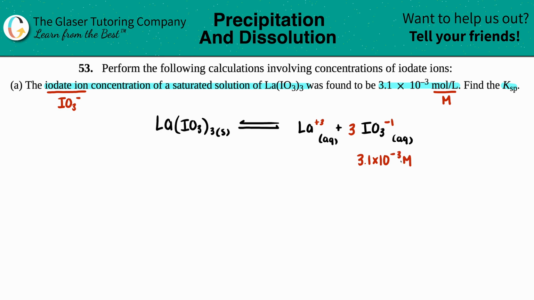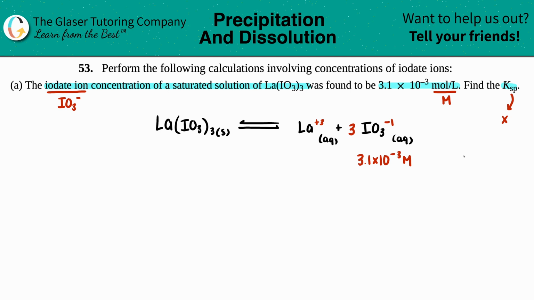Now, we want to find the KSP value. So if we want to find out what that KSP value is, I should know the concentrations for both of these. I can't have an X value for La3+ and then try to find the KSP. You're only allowed to have one unknown. And in this case, the unknown is the KSP. That's going to be the X.